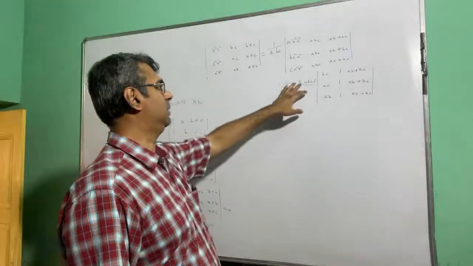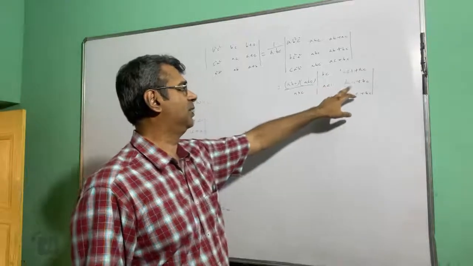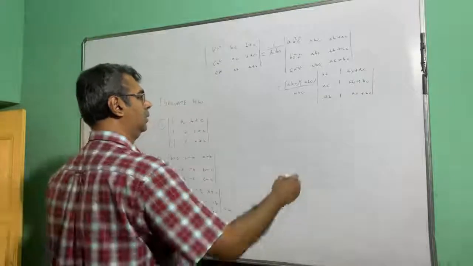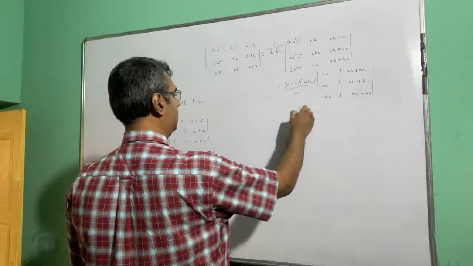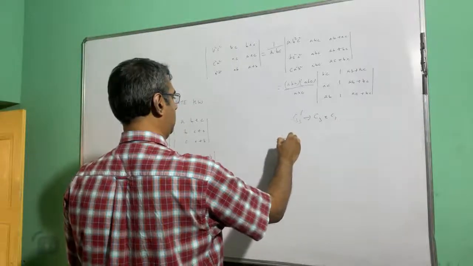So you will get abc into abc by abc, with bc, 1, ab plus ac; ac, 1, ab plus bc; ab, 1, ac plus bc. Now you do C3 equal to C3 plus C1.